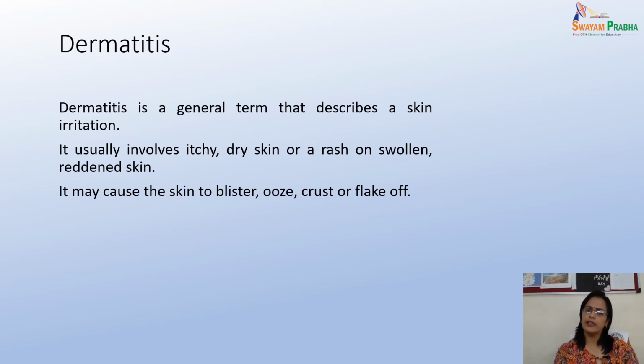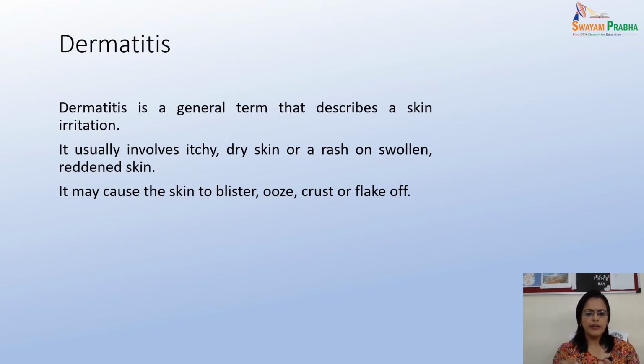It usually involves itchy skin, dry skin, rashes on the skin, redness, and we can also say a little swelling is there with dermatitis, or it may cause the skin to blister. So when these conditions are observed, we consider all these types of problems under dermatitis.